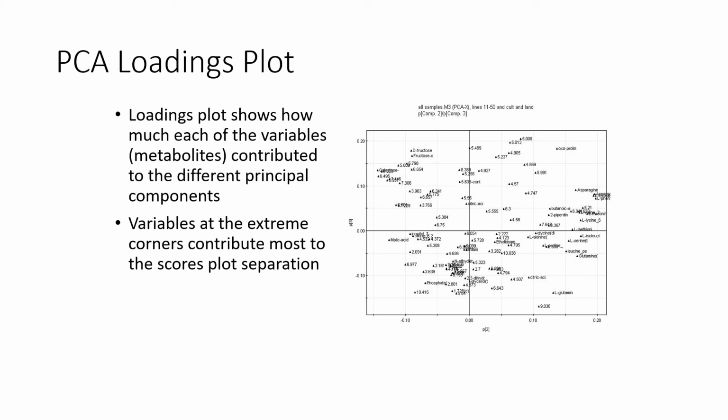So the separation that we see in the scores plot are driven by the metabolites on the extreme right and the extreme left. Now, depending on the shape of the scores plots and where the clusters are, we can also determine or sometimes try and map the loadings plot to see which is driving the shape or the separation. As a rule, it's the metabolites that are at extreme corners, extreme edges that drive most of the separation.